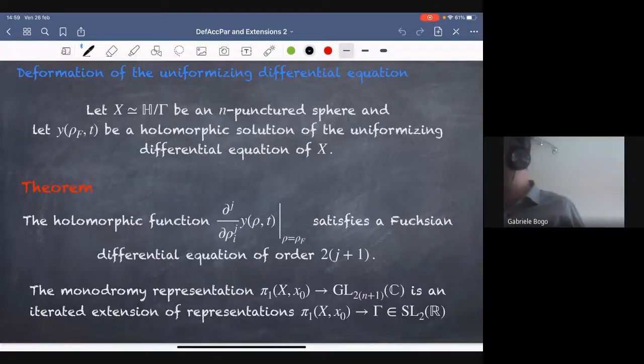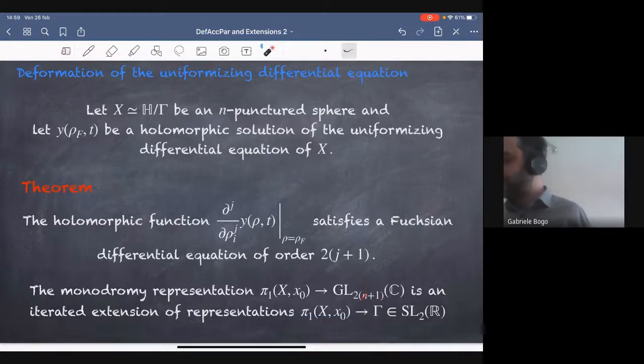So the monodromy representation of this new differential equation is simply the iterated extension of the representation of the uniformizing differential equation. As I told you at the beginning, if you choose the correct value of the accessory parameter, then the monodromy representation gives a Fuchsian group, which means that you have a representation of the fundamental group into SL2(R), and the image is a Fuchsian group.